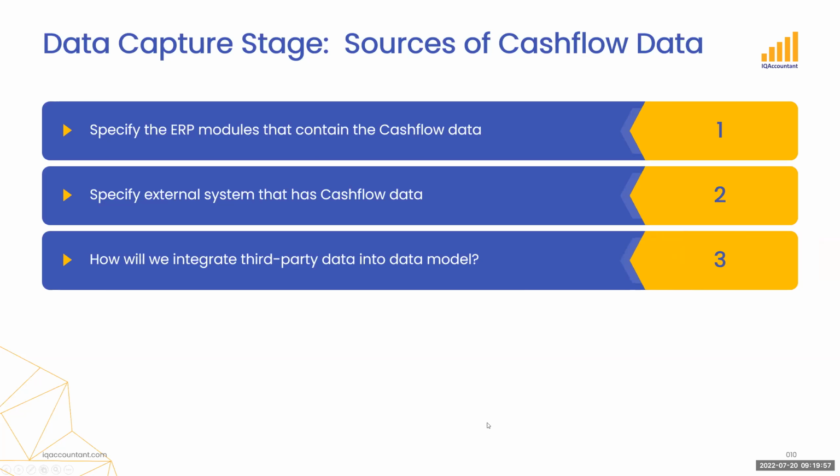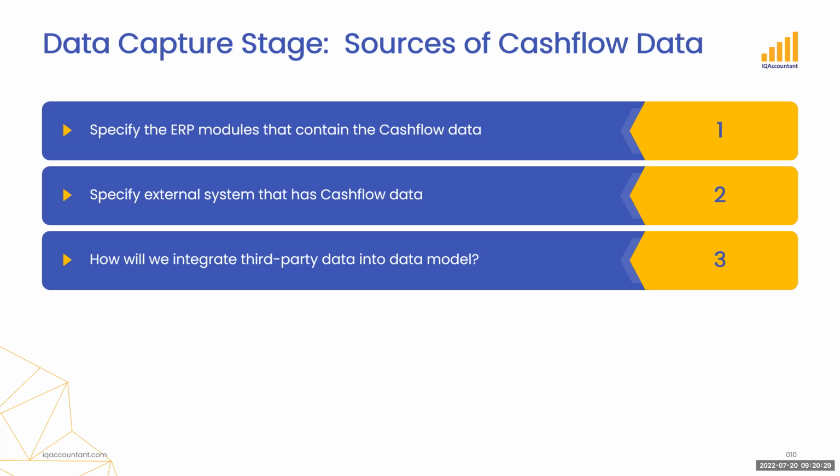And we have to ask ourselves, how will we integrate this third-party data? Is it already incorporated into the ERP via GL, or does it possibly need to be integrated? Obviously, there are a lot of tools in ERP to integrate data. One of the solutions that we have suggested to our clients is to integrate into the general ledger. Obviously, if you choose to do it in ERP, build the model, you could do it that way.